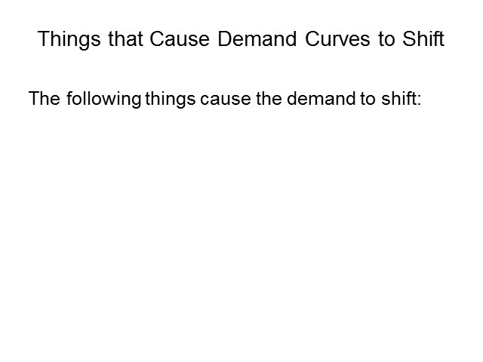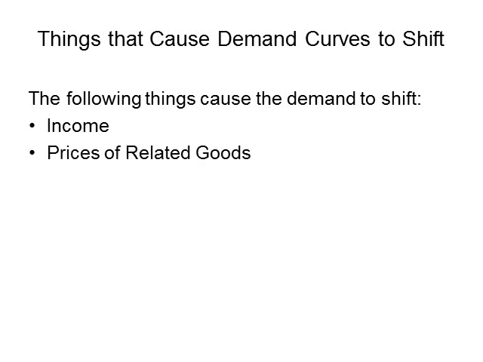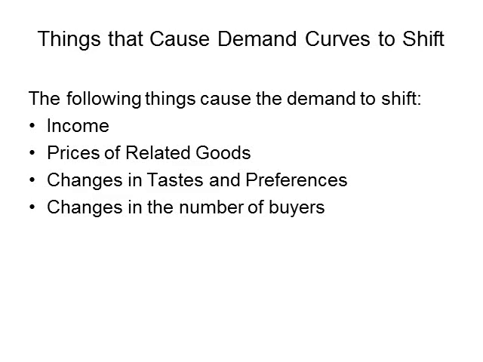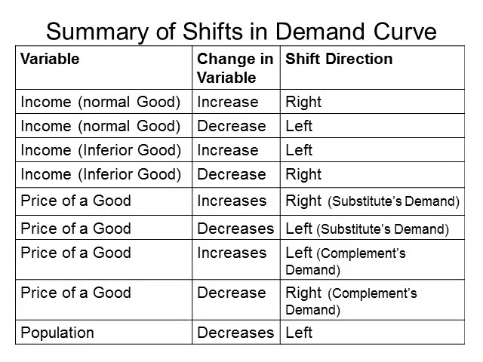The following things cause the demand curve to shift: changes in people's income, prices of related goods, changes in tastes and preferences, changes in the number of buyers, and changes in the exchange rate. Here's a table that summarizes the impact of different variables on the demand curve.